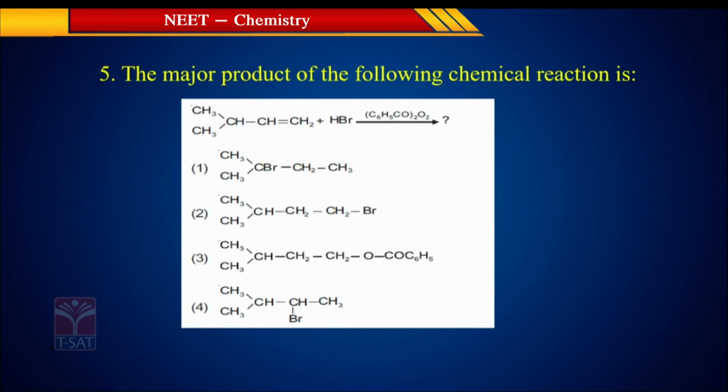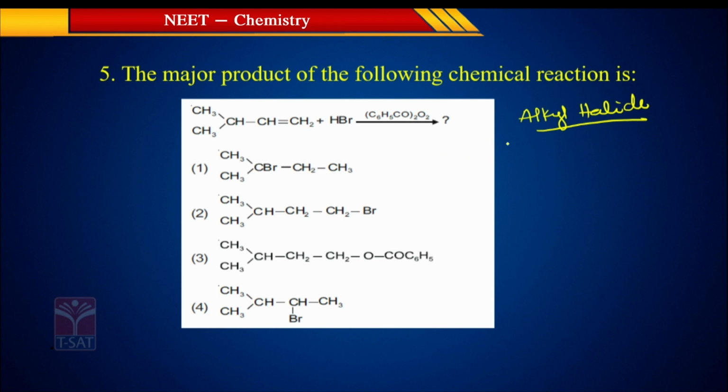And next one is 5th question. The major product of the following chemical reaction. This question is again from alkyl halides, organic chemistry, 2nd year. Alkyl halides, first chapter in organic chemistry.